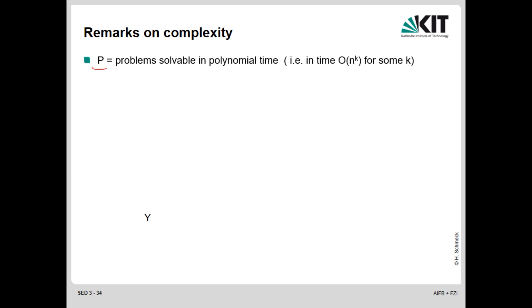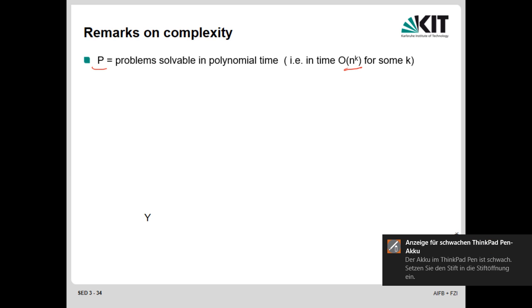So, for example, if you multiply two n by n matrices, it takes n to the 3 operations. Or if you sort a sequence of numbers, it takes time n log n. So this is polynomial time. It is in time order of n to the k for some k.